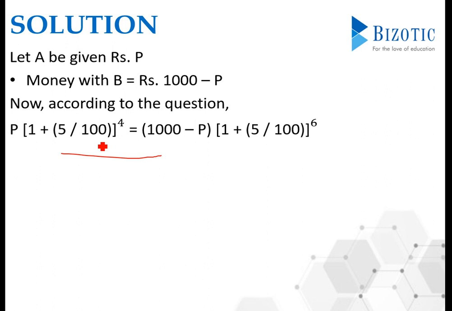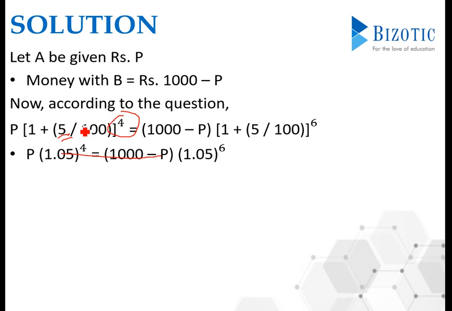So P into (1 plus 5 divided by 100), the constant rate of interest, power 4, because 4 years, is equal to 1000 minus P, that is B's principal amount, into (1 plus 5 divided by 100) whole power 6. So now you just have to solve this.